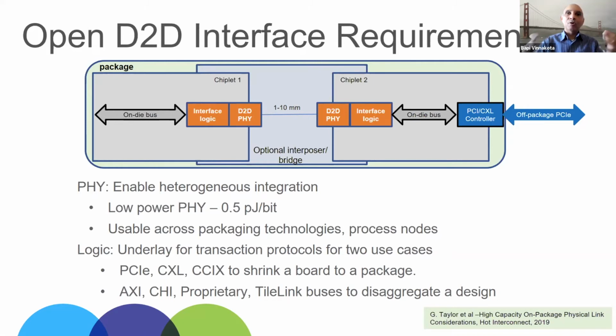Then once they're wired, you need interface logic with which you exchange information. The protocols are either those used for package aggregation, like PCIe, CXL, or they're protocols used on a die, like AXI, the ARM CHI interface, or TileLink, a new one from RISC-V.